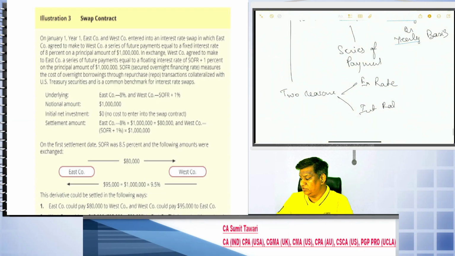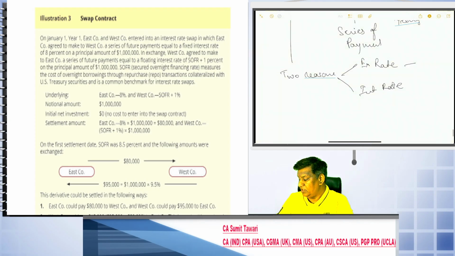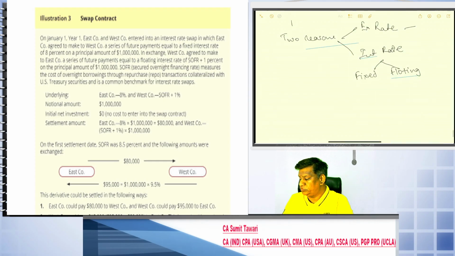Exchange rate I will explain. Interest rate, what happened? There are two types, the fixed interest rate and the floating interest rate. Mostly the salaried people prefer the fixed interest rate. Why? Because their salaries are fixed.